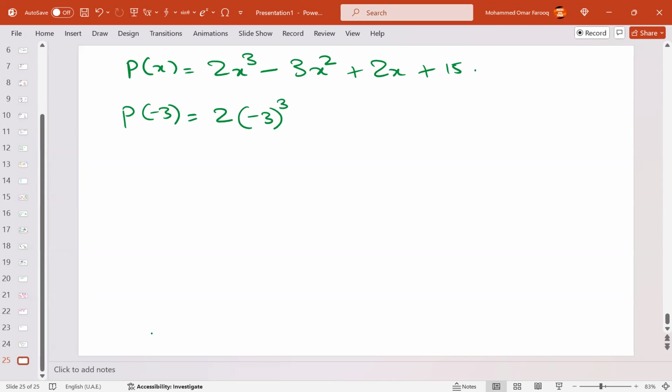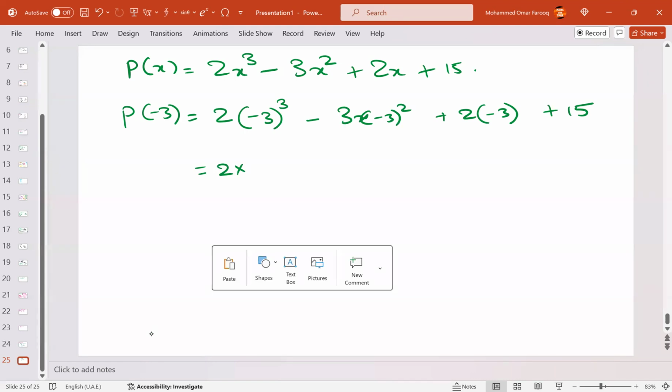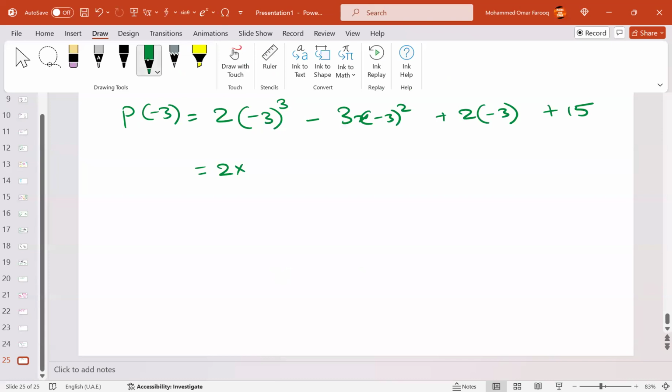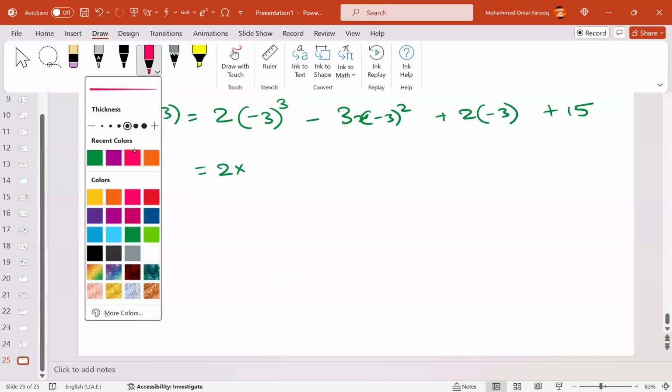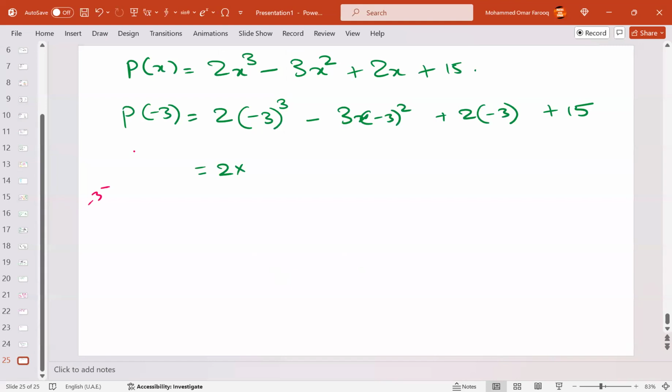When you are substituting a negative value, keep it in brackets, and leave some gap between terms. So 2 into minus 3 whole cube, minus 3 into minus 3 whole square, plus 2 into minus 3, plus 15. Now, what is minus 3 cube? I'm doing the rough work on the left-hand side, but you are not supposed to do this. Don't make it a habit, because I'm writing on the screen and I don't have more space. So I'm writing it here: minus 3 into minus 3 into minus 3.